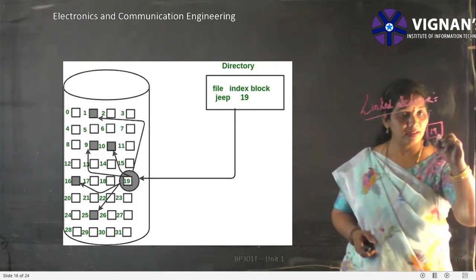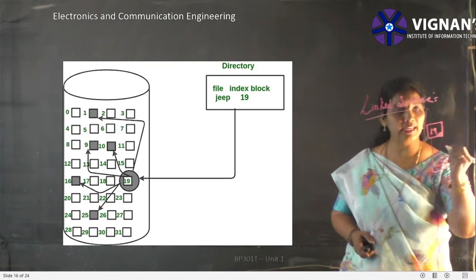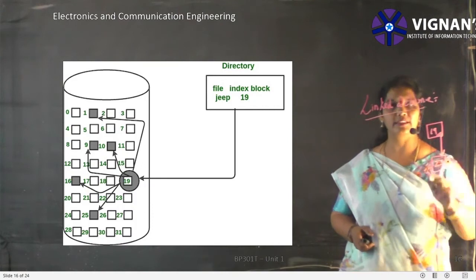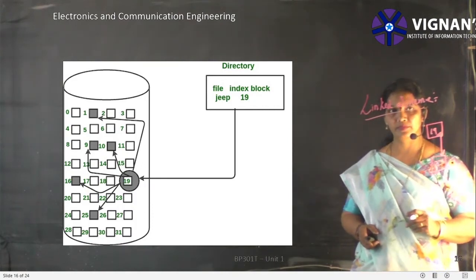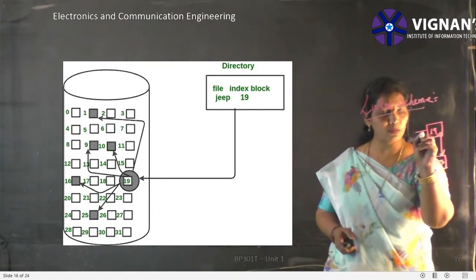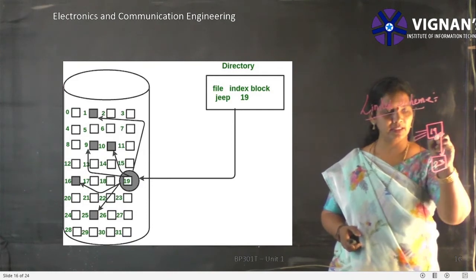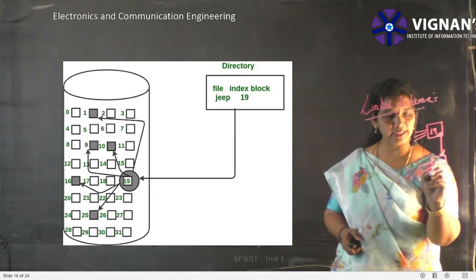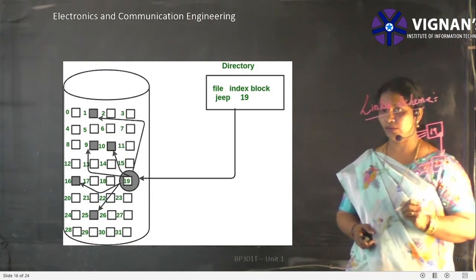Block 19 would contain a pointer to the next index block, 23. So after accessing all block pointers of 19, it goes to 23 and accesses the remaining blocks.